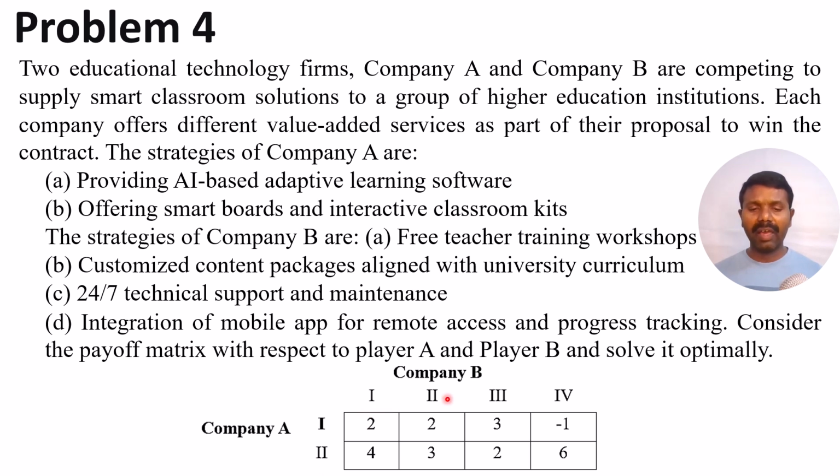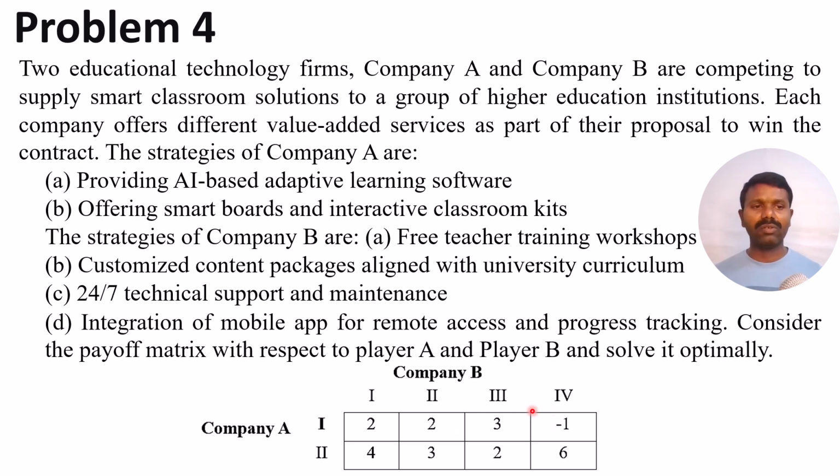And for player B there are four different strategies. The first one is free teachers training workshop, and the second one is customized content packages aligned with the university curriculum, and 24 by 7 technical support and maintenance, and integration of mobile app for remote access and progress tracking. So these are the strategies.